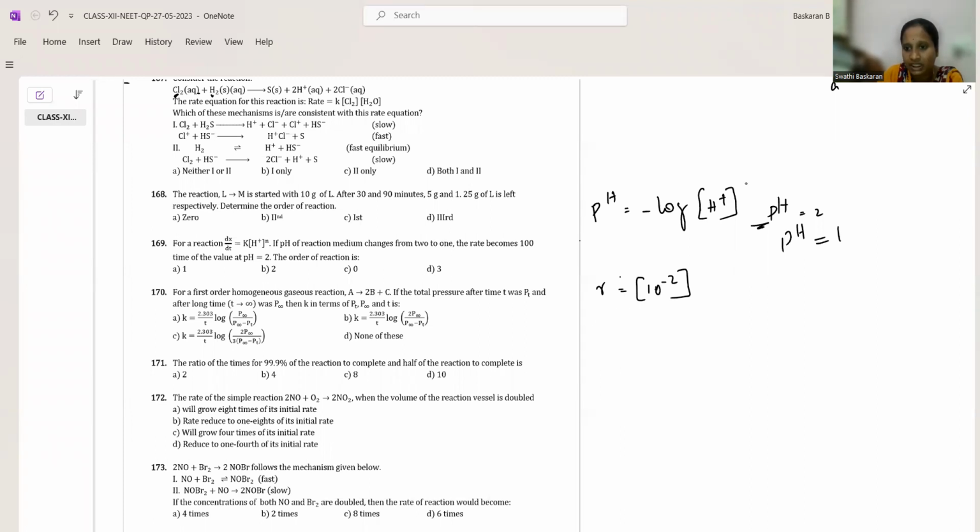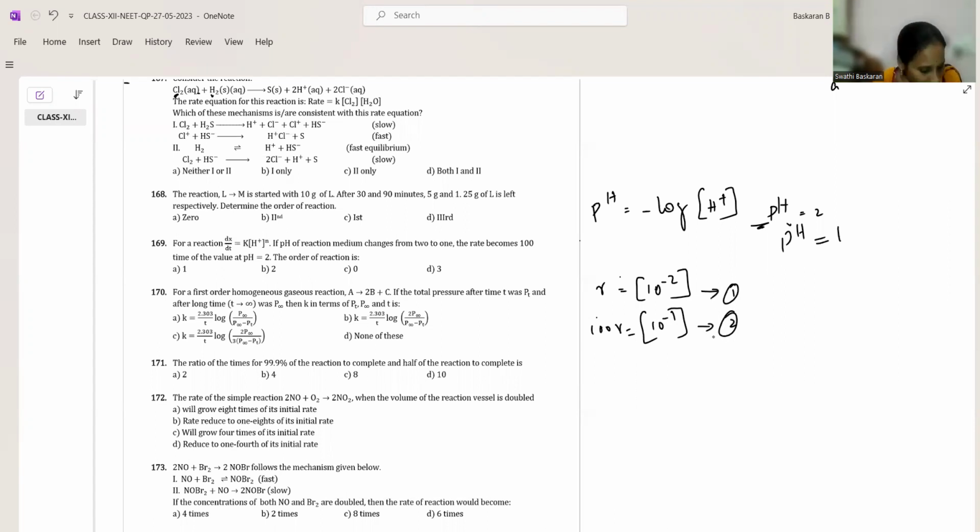And when pH is reduced to pH 1, what is happening basically? When it is reduced to 10 power minus 1 concentration, the rate is increasing by 100 times, 100 R. Are you able to understand? Now this will be our equation 1 and this will be our equation 2.